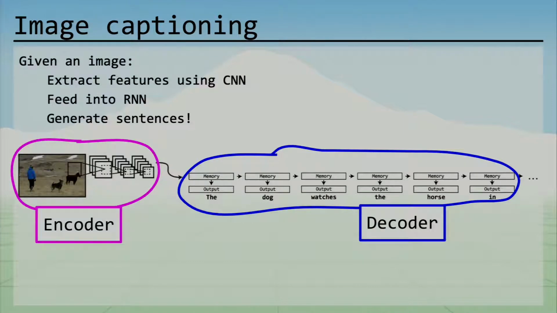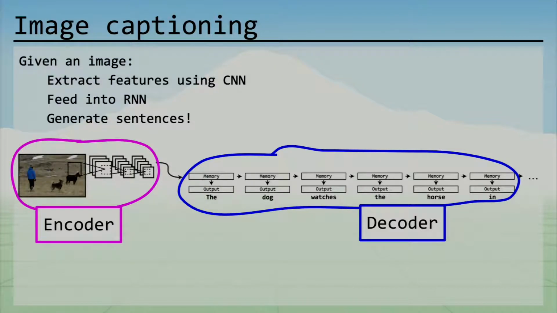Once we start adding some components of vision in, you can think about doing a task like image captioning. So here, given an image, we'll extract some features using our convolutional neural network. Now our encoder, instead of something like an RNN, is just a convolutional neural network.